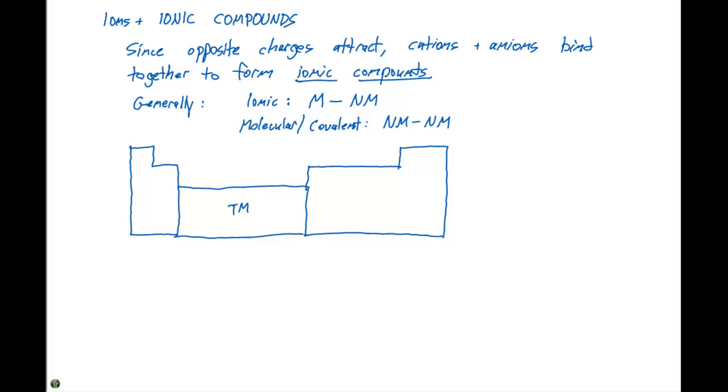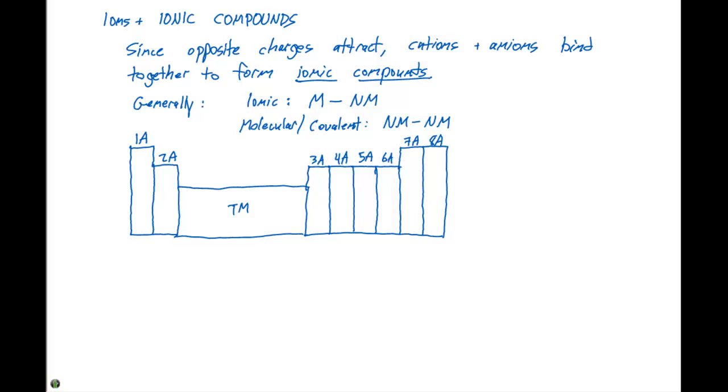But the different groups of the periodic table, starting from left going over to the right, we can say the leftmost group is 1A, the second group is 2A, then we have the transition metals, then 3A, 4A, 5A, 6A, 7A, and 8A.